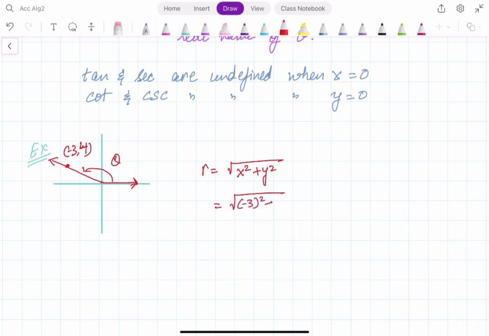So r is equal to the radical of x squared plus y squared. x is negative 3 and y is 4. If you put it in the equation, you will get r as just 5. So r is nothing but the distance. If we have a right triangle, that works as the hypotenuse.